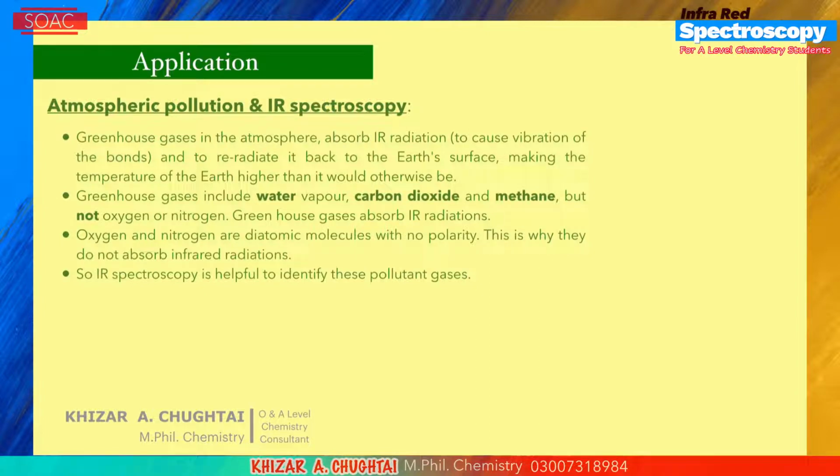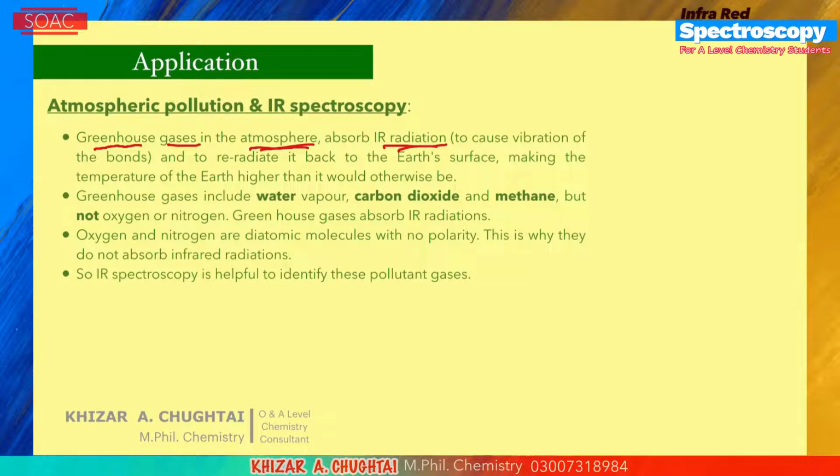These radiations are absorbed by, as I told you, carbon monoxide, carbon dioxide, water, methane, and so on. Methane is a greenhouse gas, carbon dioxide is a greenhouse gas, and water vapor is also a greenhouse gas.